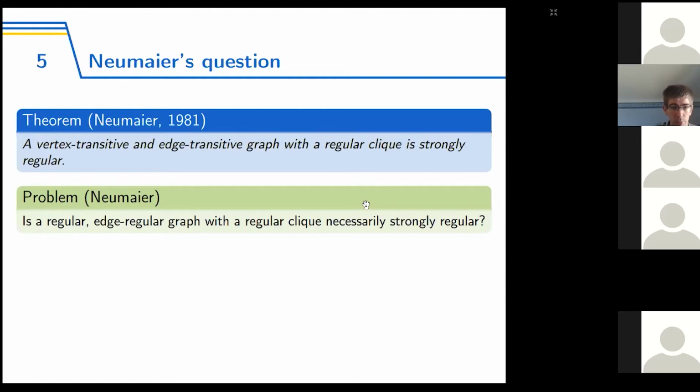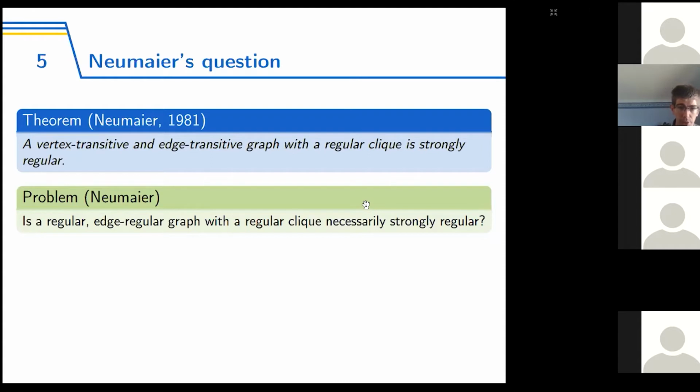The very natural question that Neumaier asked is whether he could weaken the conditions from this theorem a little bit and still have the same result. He asked whether instead of vertex transitivity, it would be possible to ask just regularity, and instead of edge transitivity, just edge regularity, still together with this regular clique, whether you would still have a strongly regular graph.